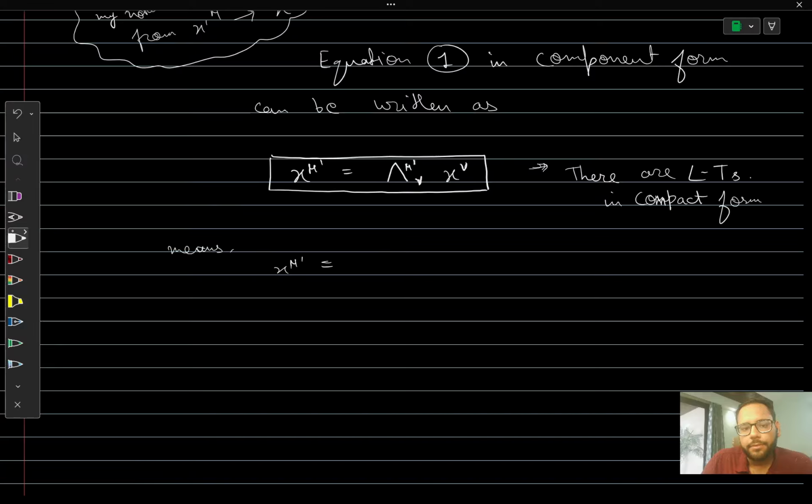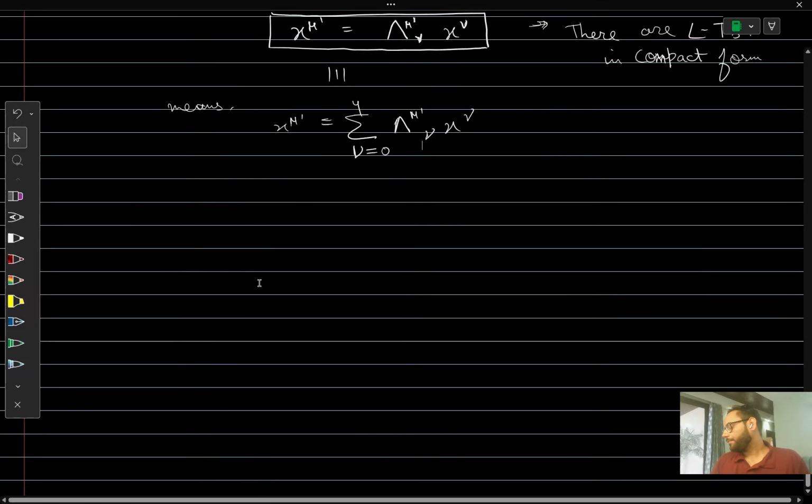This is equivalent to, if I rewrite this, it running over nu from 0 to 4. This is free index mu prime, and there is nu, and this is equivalent. Recall the previous class.